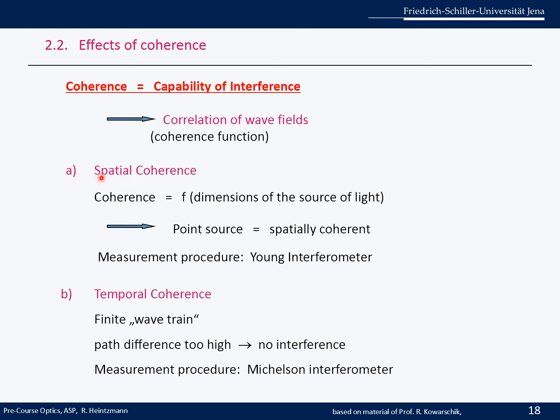Sometimes you can also call this lateral coherence and longitudinal coherence. So for example, a point source is spatially coherent to itself. And we will see that by an experiment that's demonstrated by the Young interferometer.